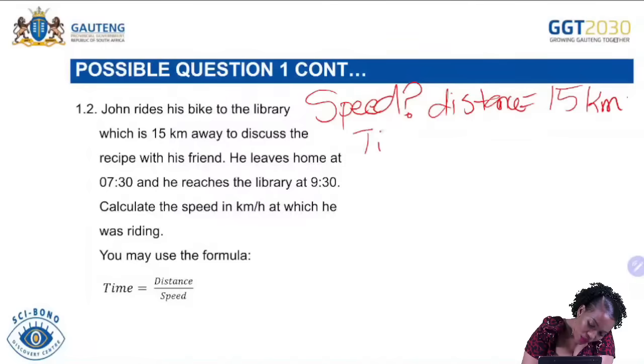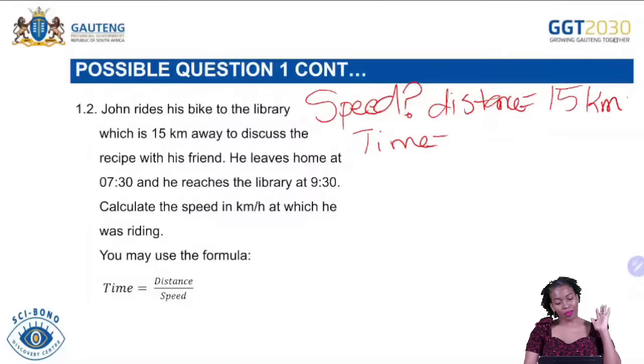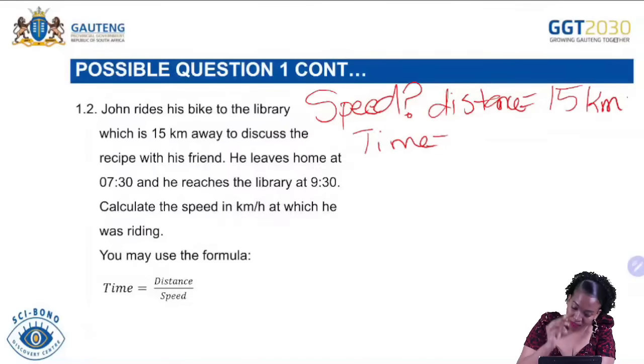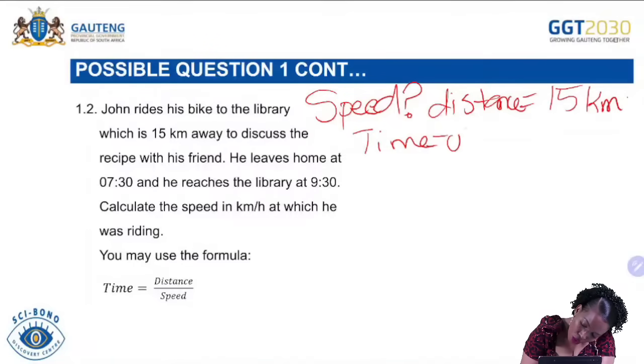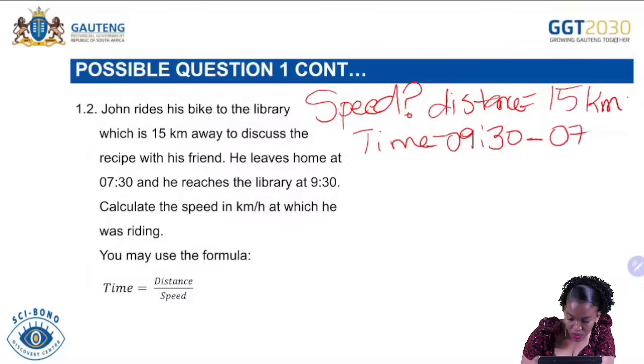What about time? Do we have time? We don't actually have time. We only know what time he left and what time he arrived. So we can use that information to find the exact time that he spent on the road. To find the time spent on the road, we'll have to find the difference. To find the difference, we'll use the time of arrival, 9:30, minus 7:30.